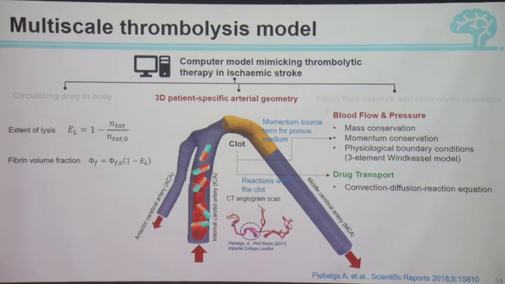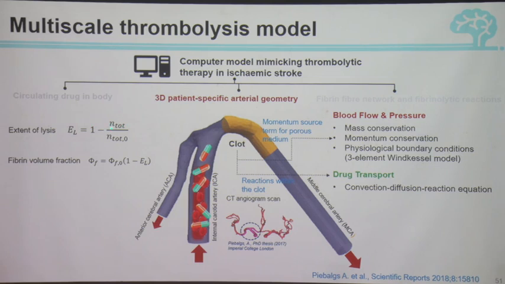So there are further equations to show how the fibrin volume fraction is worked out. The fibrin volume fraction is related to the initial fibrin volume fraction, multiplied by this term. This term we define as EL, the extent of lysis. So essentially, how much percentage of the clot is lysed, and that is related to the binding site concentration.